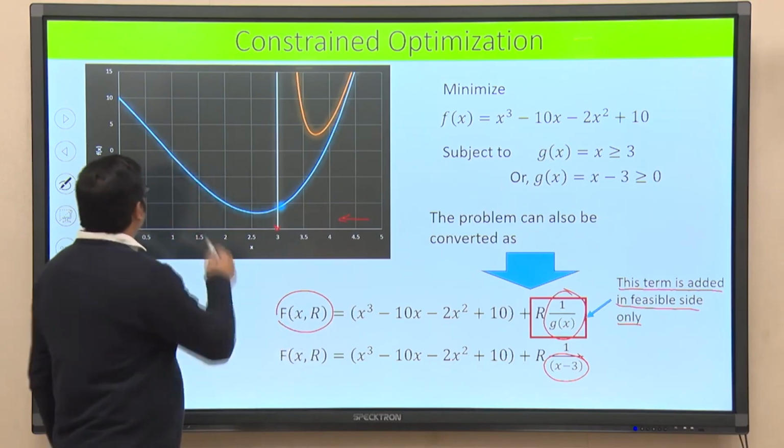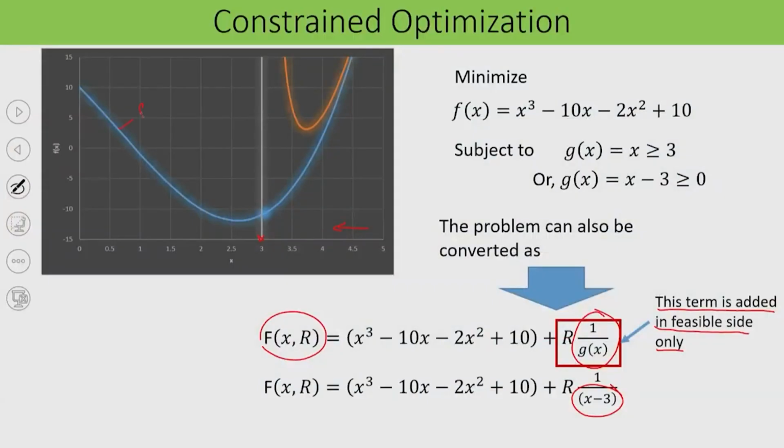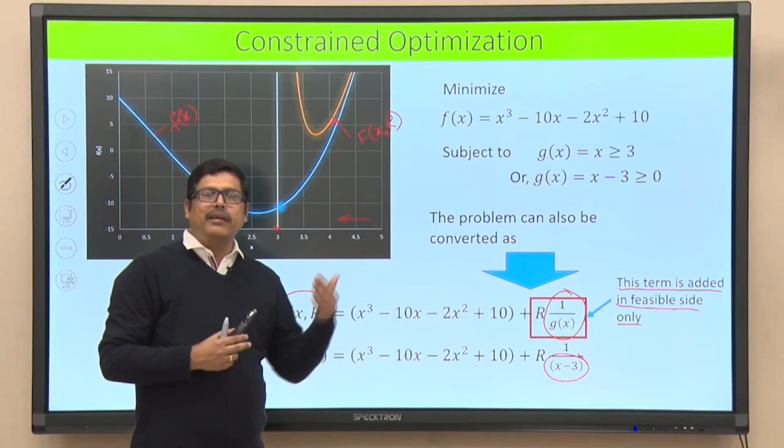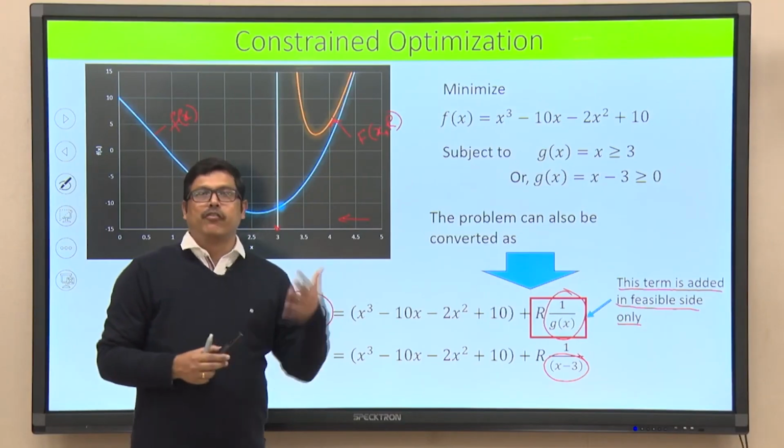Here I have shown that the blue line is the original small f(x) function, okay, and this orange line is your capital F(x, r). Now, in this case we are starting with a large value of r and then decreasing the value of r.